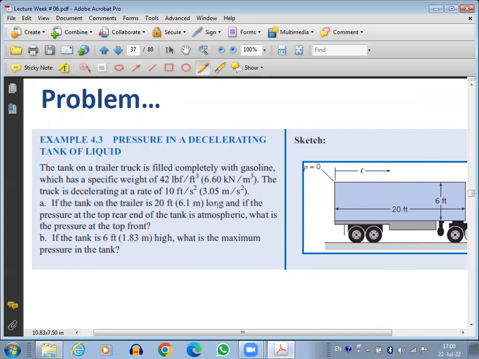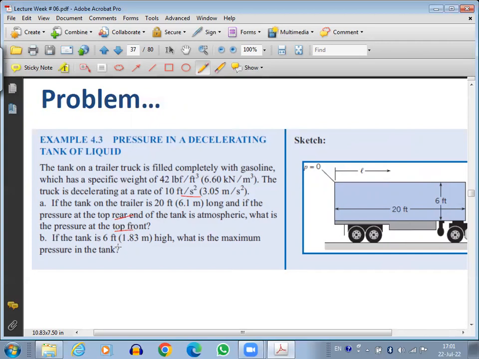The tank has gasoline with a specific weight of 42 pound-feet per feet cube. The truck is decelerating at a rate of 10 feet per second square. If the tank on the trailer is 20 feet long and if the pressure at the top rear end of the tank is atmospheric, what is the pressure at the top front end?